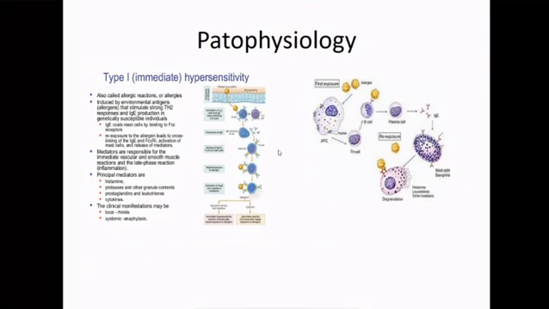The most important thing, you must know the mast cell here, mast cells that are being sensitized. Being sensitized means the IgE has attached to it or tagged to the cells. When it is tagged, that means it becomes sensitized.